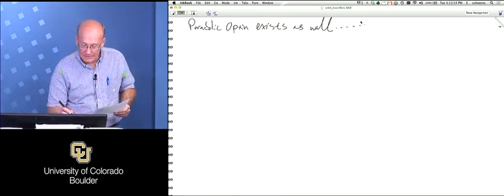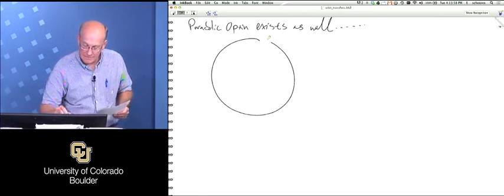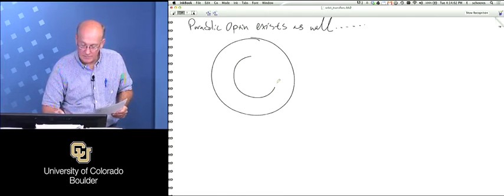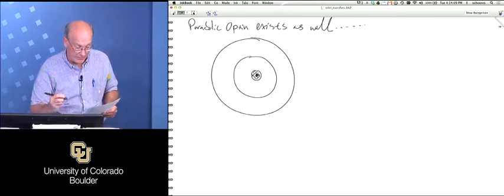And this one is a little crazy. But again, let's say we have our radius R1, radius R2. We now have our planet at the center with an atmosphere.